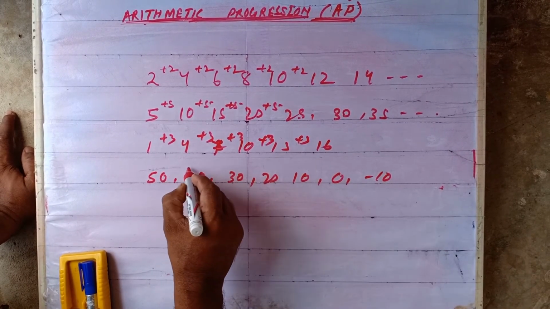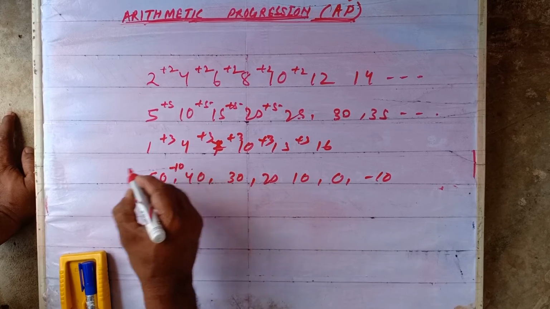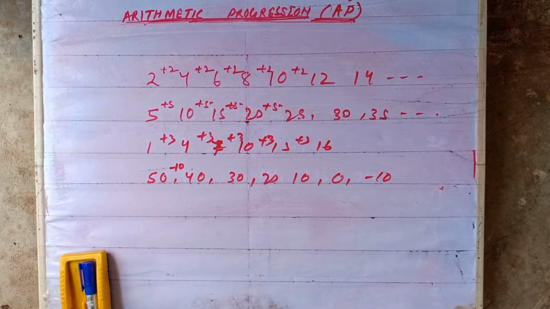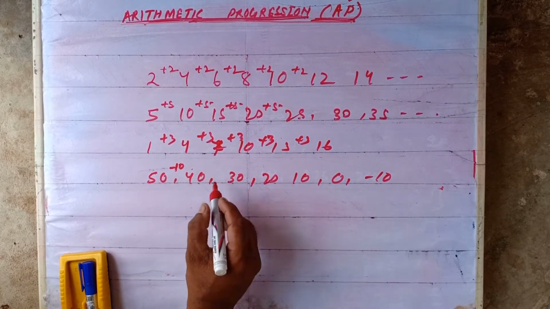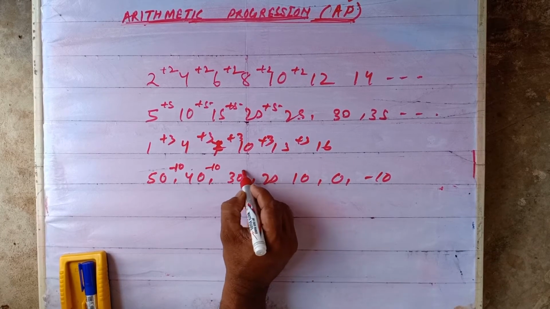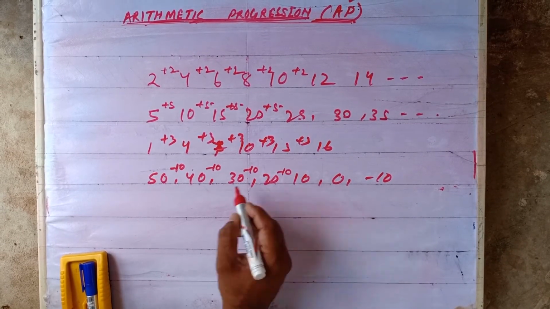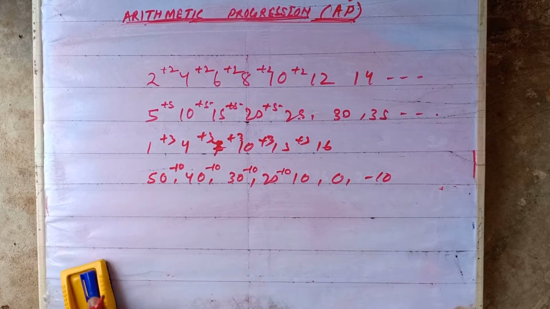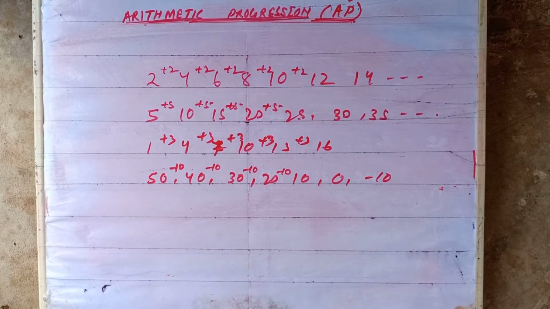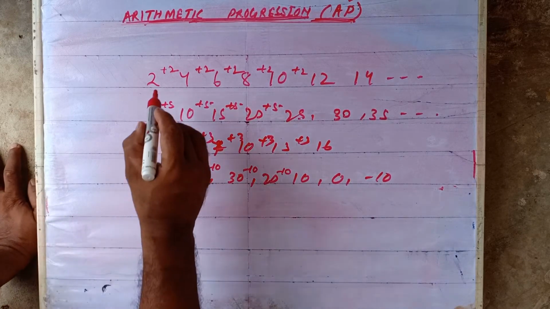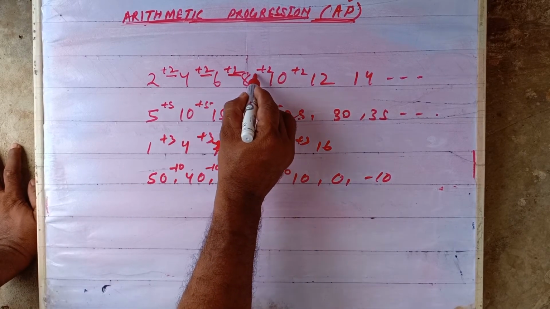Here every number is added by minus 10, or I can say that 10 is subtracted. This is also an AP. Clear?